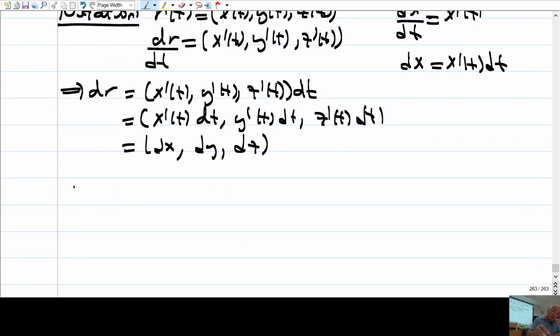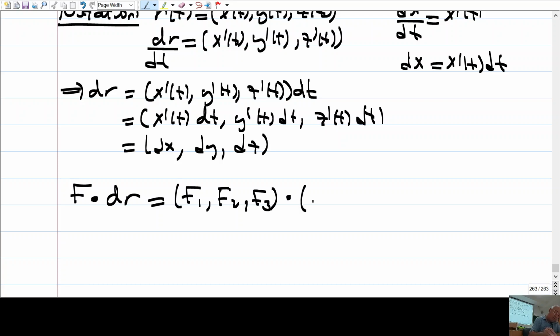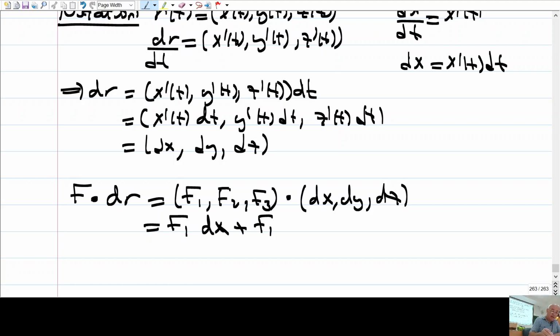Therefore, this integral of F dot dr is also (f1, f2, f3) dot product with (dx, dy, dz). So it can be written like this: f1 dx, this is just usual product, not dot product, plus f2 dy plus f3 dz.